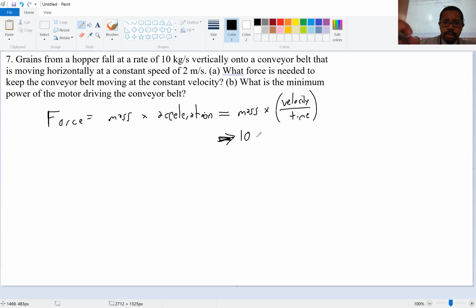Or hang on, let me manipulate this a little bit. Because we have 10 weight over time, that's what that is. So let me redistribute: mass over time times velocity. And as it turns out, we happen to have those two, so let's just plug in and see what happens. So let's bring this over here.